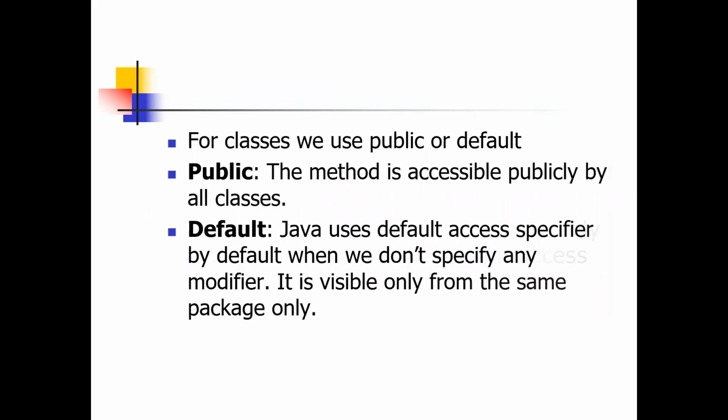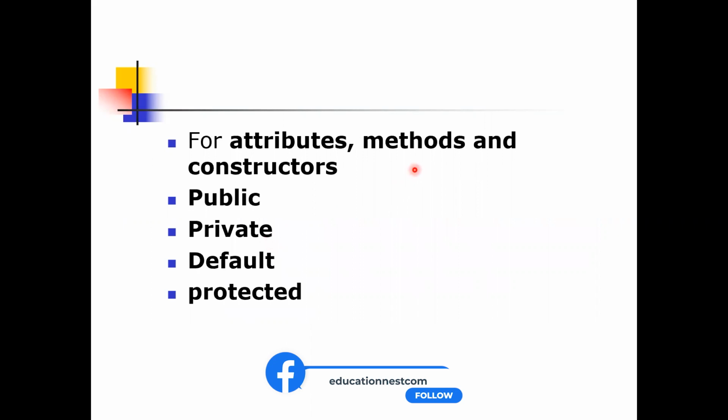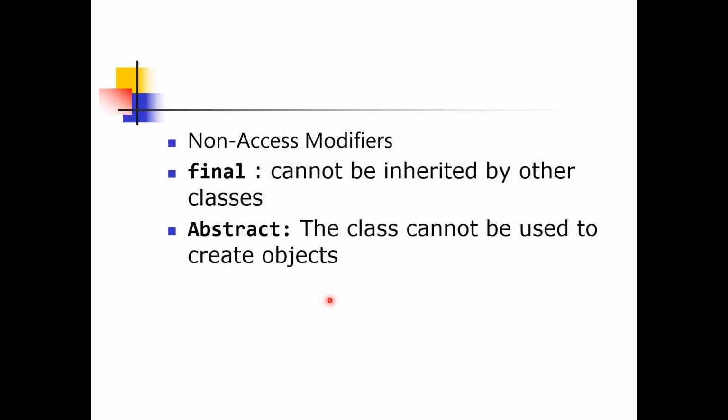For classes we use public or default: public means publicly available classes, and default is taken by default. For attributes, methods or constructors, we use public, private, default and protected. In a later lecture, I'll explain programs for each, and how to call the methods.